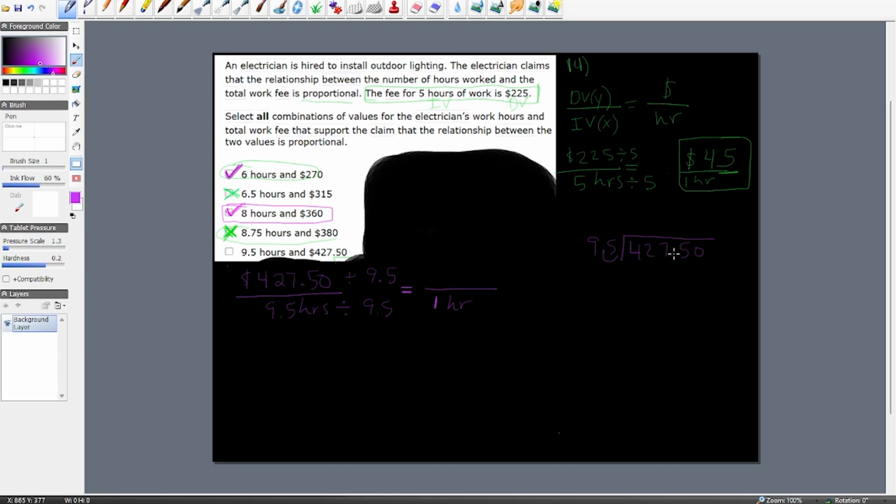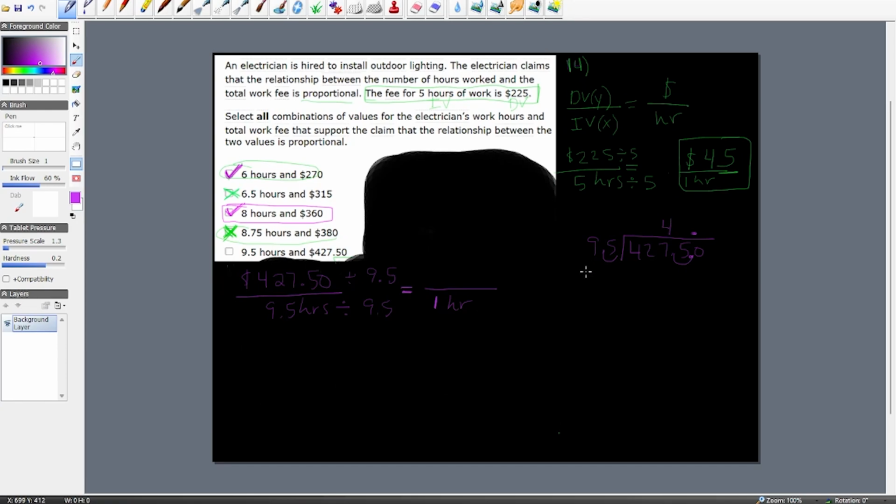Move the decimal over 1, move it over 1, so now it's right here. Okay, 95 is not going to go into 42, so let's go over the next digit. 95 goes into 427 4 times. Seems right, because this is almost 100, and that's about 400.